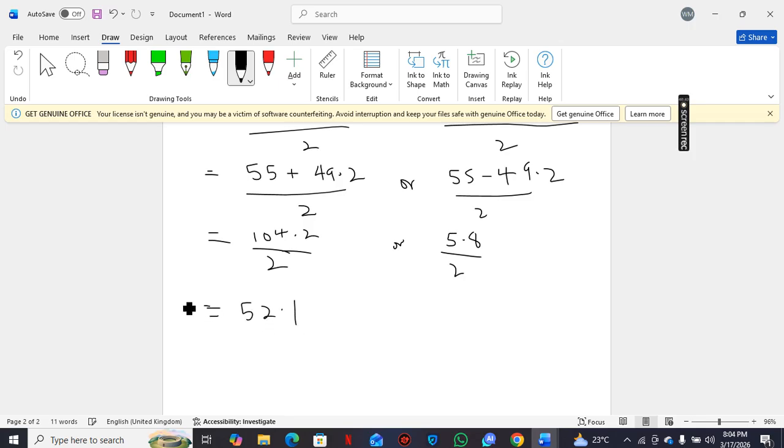So Q equals 52.1, or 5.8 divided by 2, 2.9.